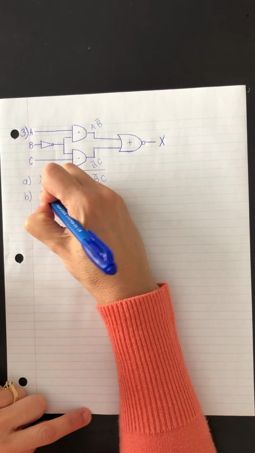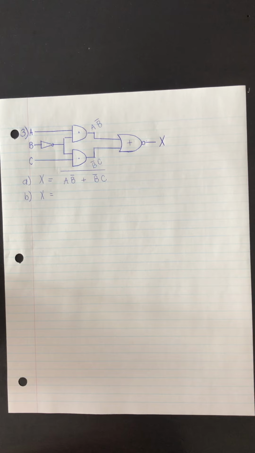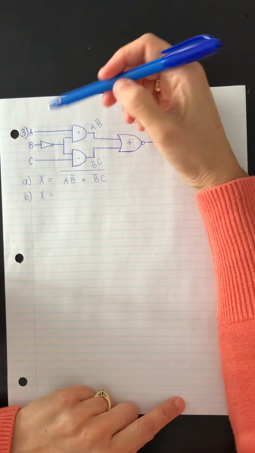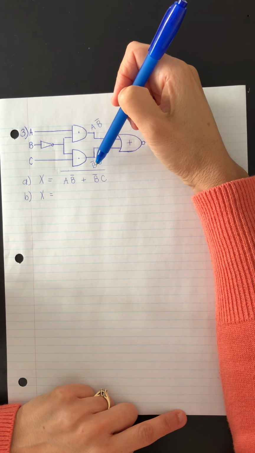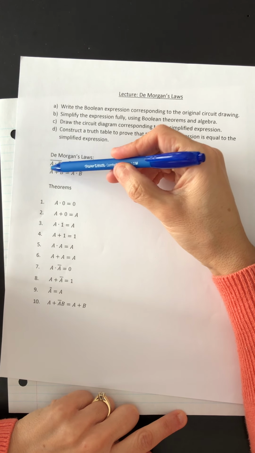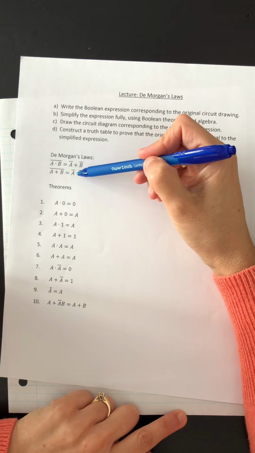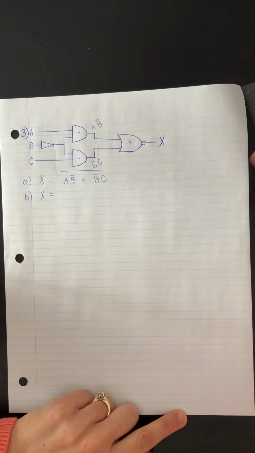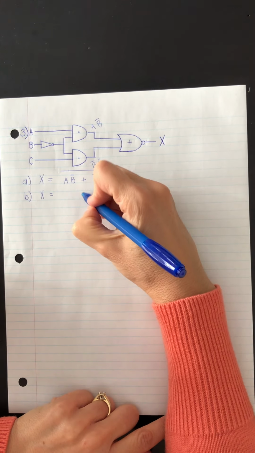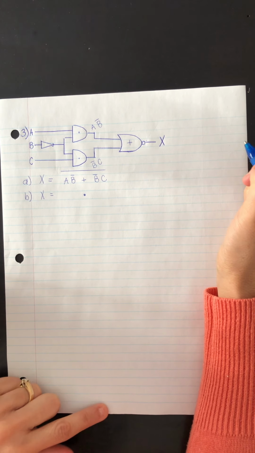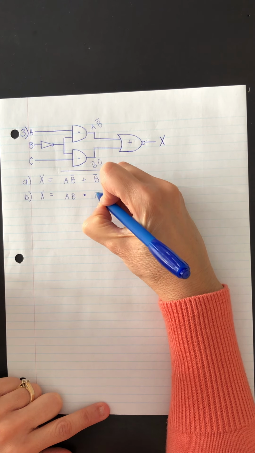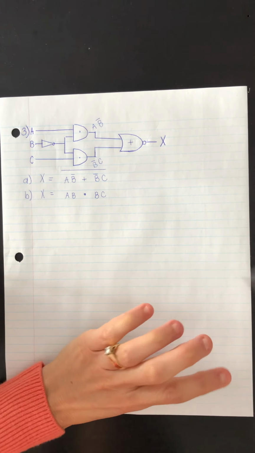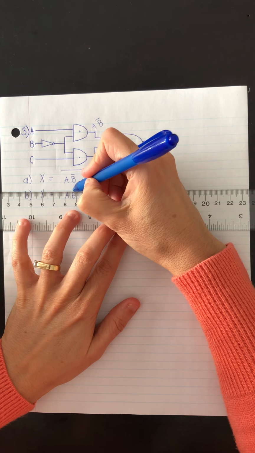Okay, part B. Let's use our mad algebraic skills. So the first thing we're going to do is use De Morgan's law. So the big bar here is going to break, okay? Like this one, break the bar, change addition to multiplication. Okay, so this addition changes to multiplication. I'm going to write down what I had to the left and to the right of that operation first.